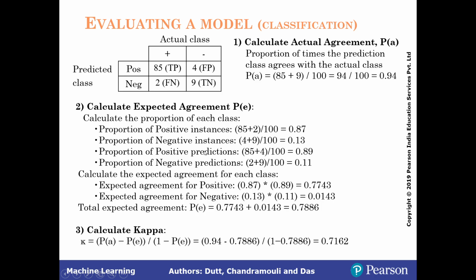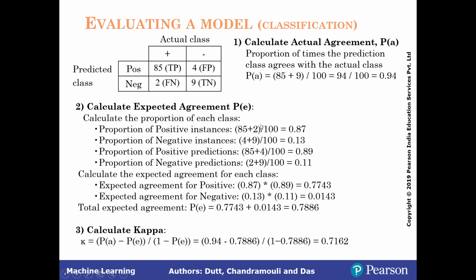Now, how are you going to compute P of E? Firstly, for positive instances and positive predictions. Instances are not predictions. Predictions means you take this line: 85 plus 4 by 100, where the denominator is the sum of all the values.